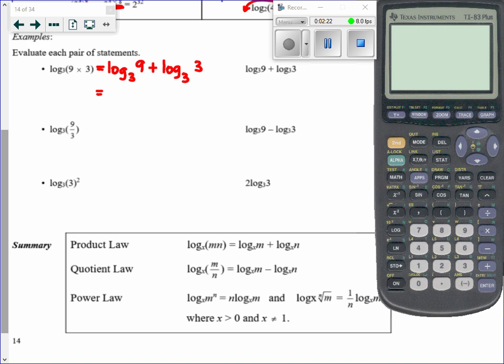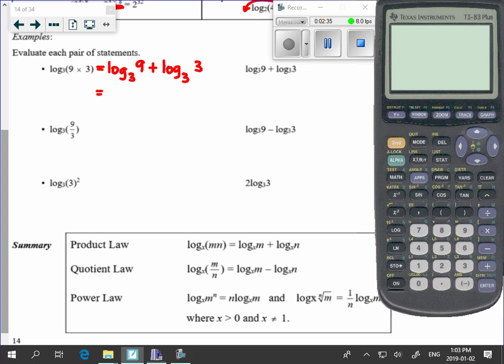Your calculator will only calculate logs in base 10. This is in base 3, so you'll have to use the change of base law, which says you'll go log 9 divided by log 3. When you plug that in on your calculator, don't forget to close your bracket: log 9 divided by log 3, hit enter, and it tells you the answer is 2.